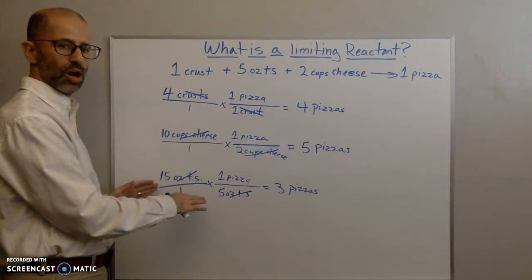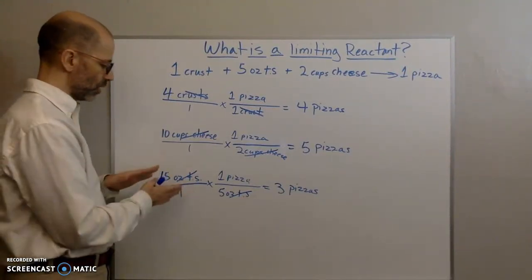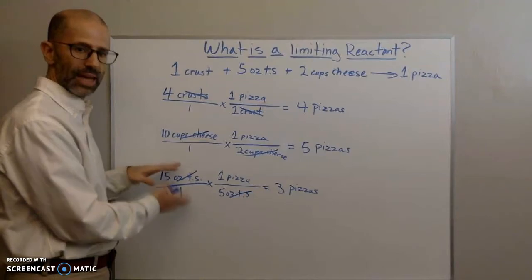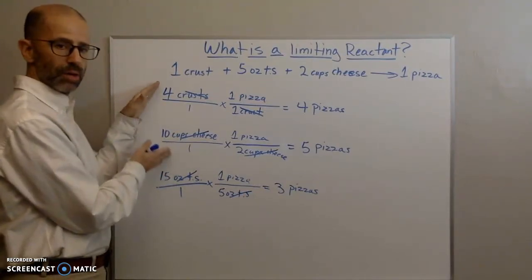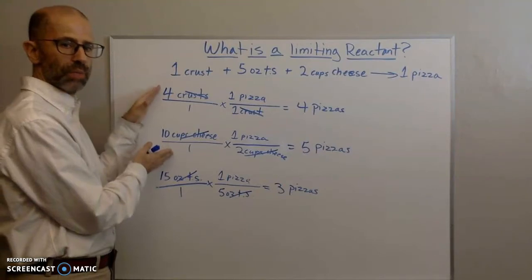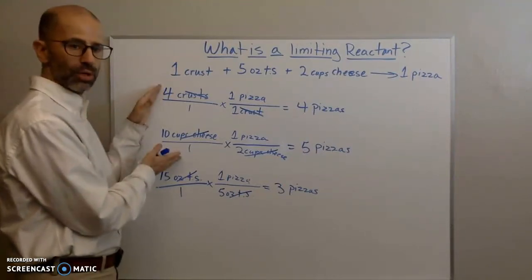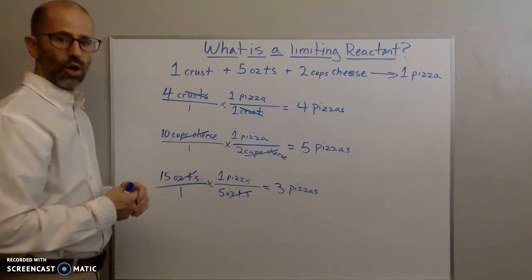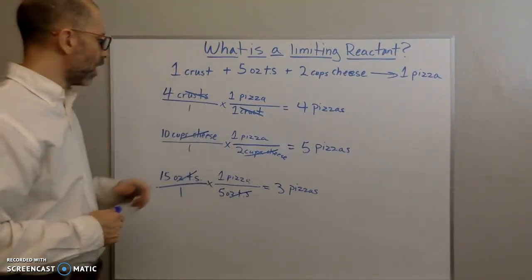So when that is gone, the pizza making reaction stops. And so the tomato sauce is, again, the limiting reagent. And then the crust and the cups of cheese are my reagents in excess. That is what we mean by limiting reagent, okay?